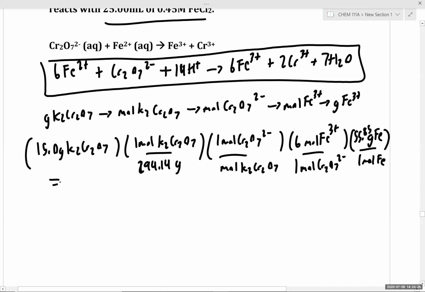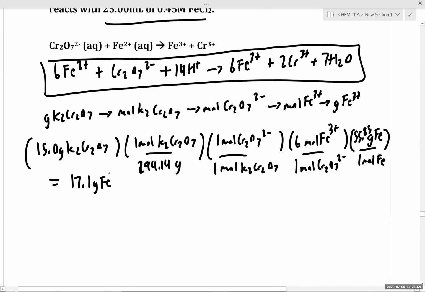So let's punch this all into our calculator. So we have 15 over 294.14 times 6 times 55.85. That gives us 17.1 grams of iron.